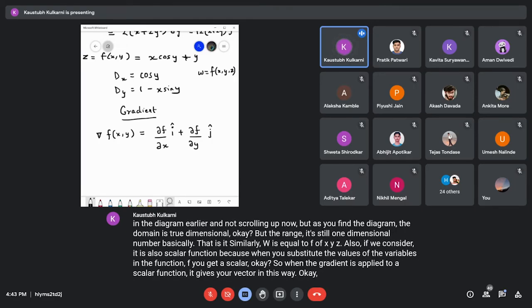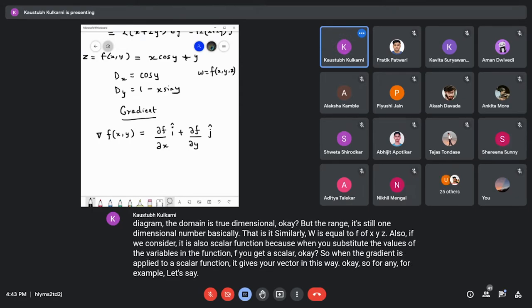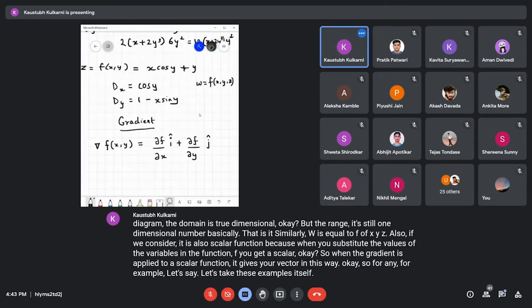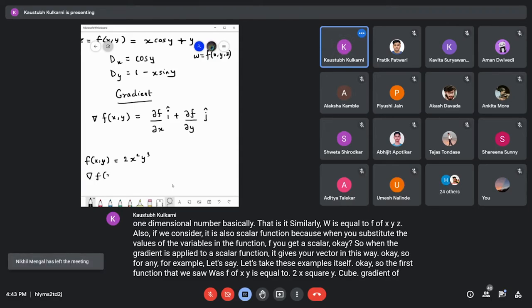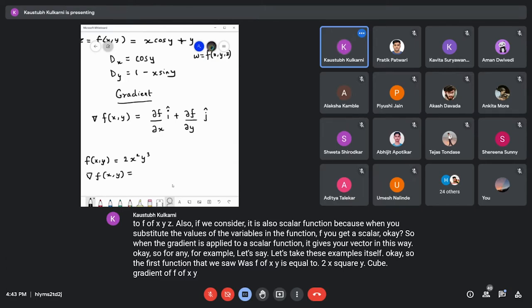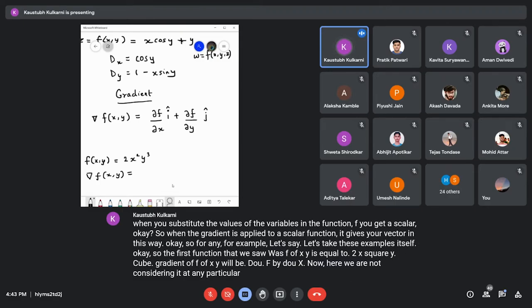Okay, so for example, let's take these examples itself. The first function that we saw was f of xy is equal to 2x square y cube. Gradient of f of xy will be dou f by dou x. Now here we are not considering it at any particular point, in general.